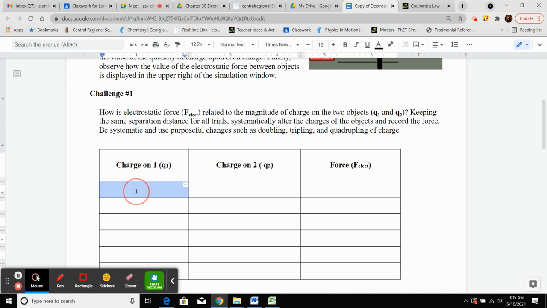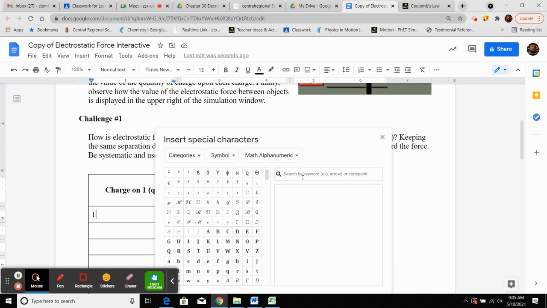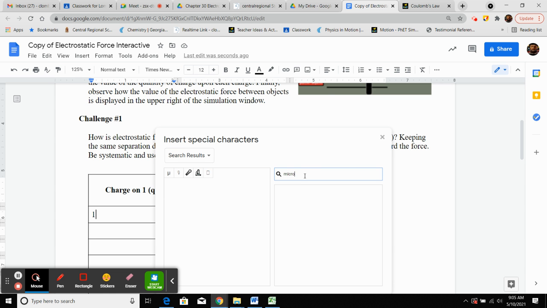So how do I get that symbol? I'm going to type in 1. I have to go to insert, special characters, and I can type the word micro up here. As I do that, I get the micro sign. It's the Greek symbol mu.